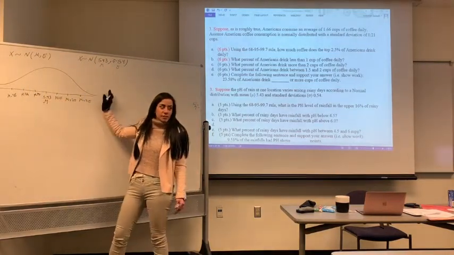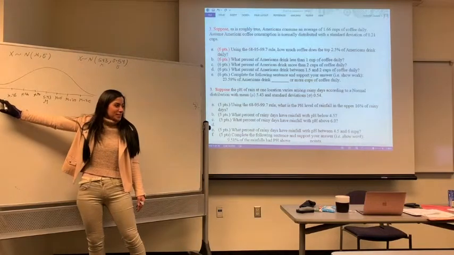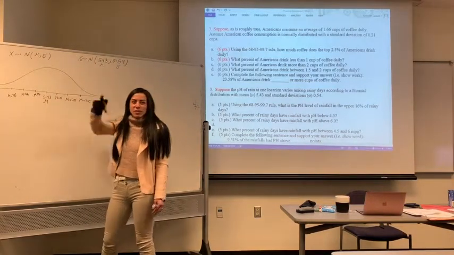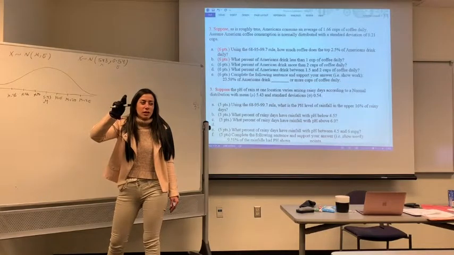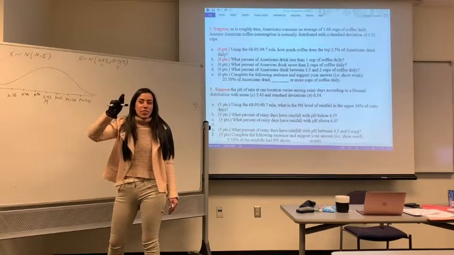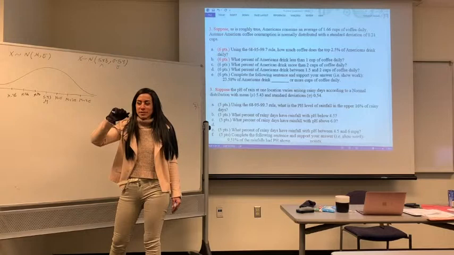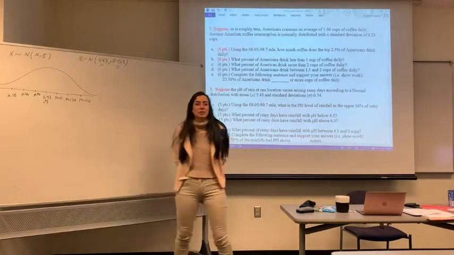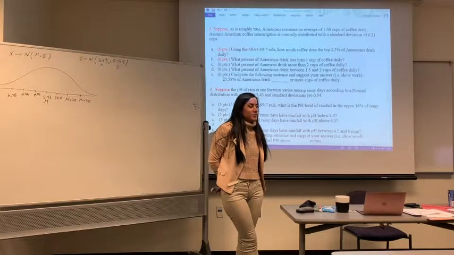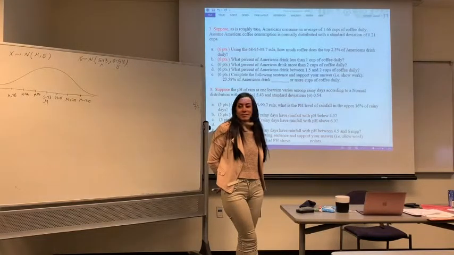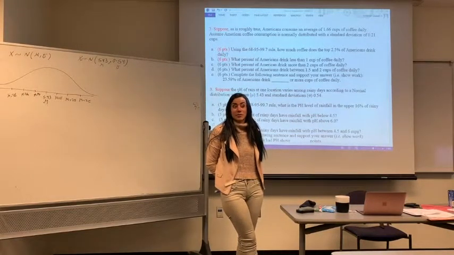There is one 16% here, another 16% on that side. So we have two of 16%. Add them together, you will have a total of 32%, right? Subtract 32% from 100. What you will have? 68. So that is the portion you need.